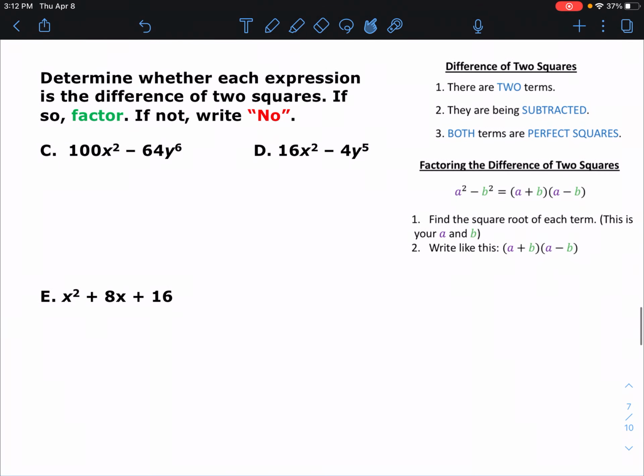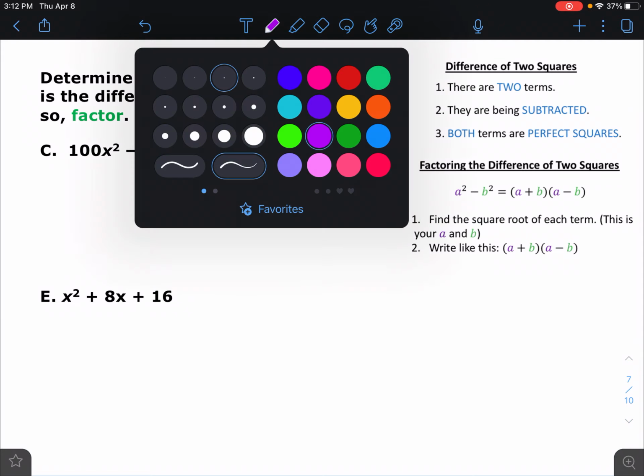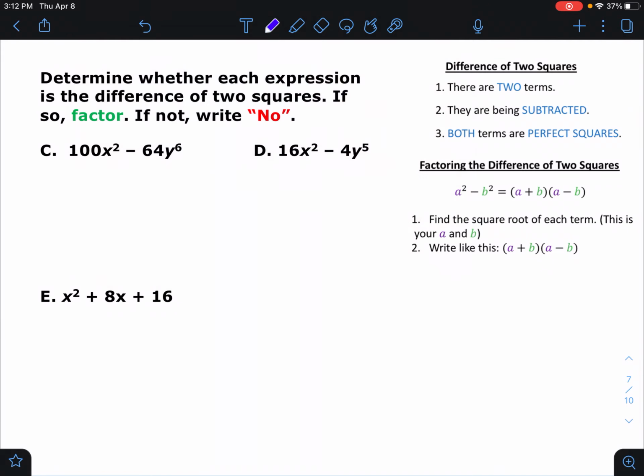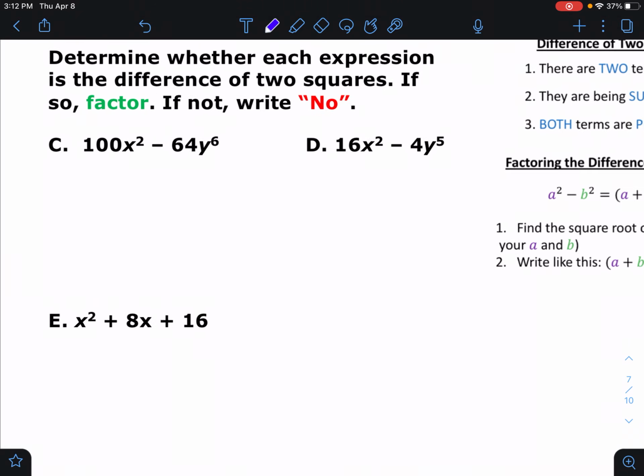Okay, same directions. Here we go. Let's try another one. Are there two terms? On part C, yes. I'm going to switch colors here. Are they being subtracted? Yeah, we're good. And then are they both perfect squares? Let's see. 100, yep.